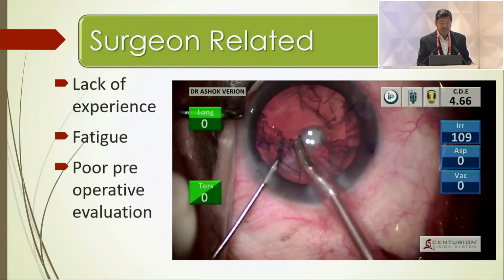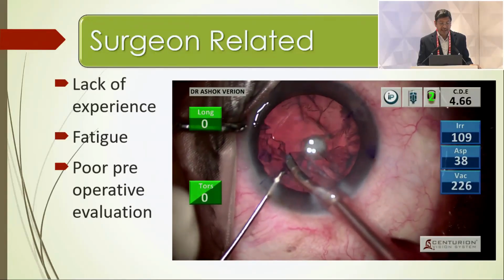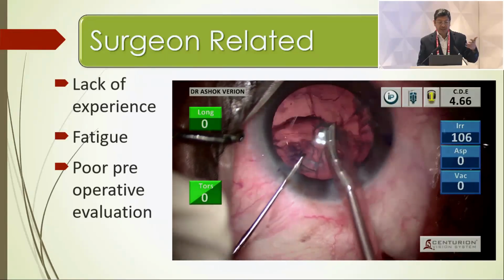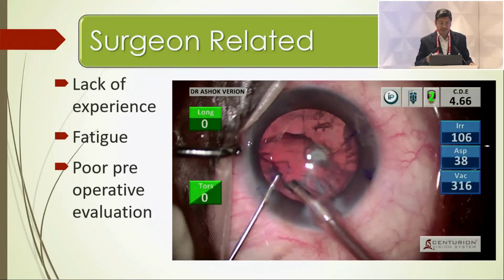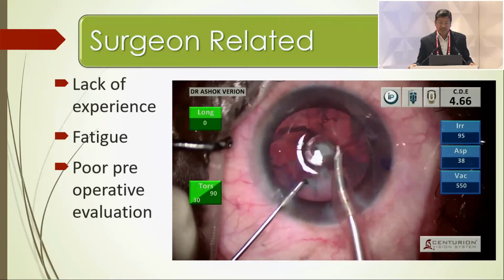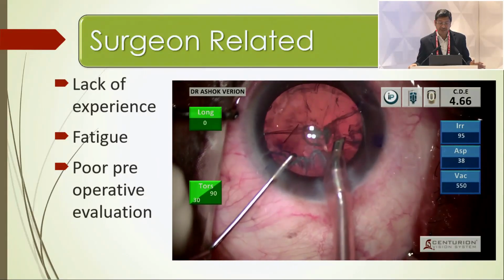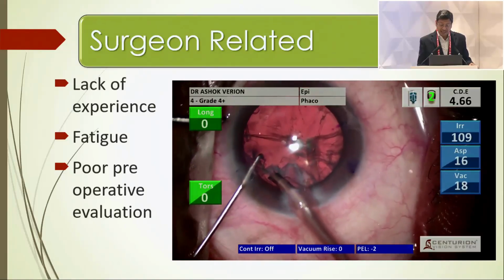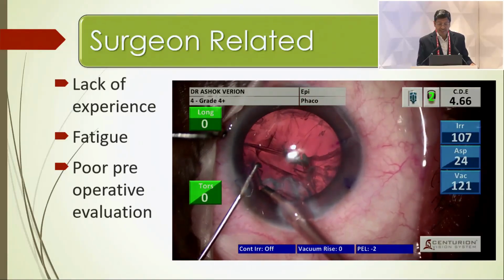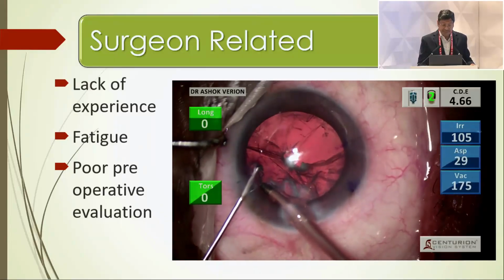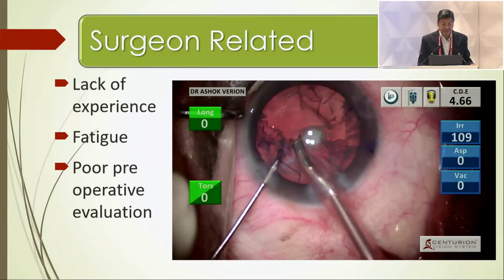Surgeon-related factors could be lack of experience, fatigue. When there's a long list of surgeries, this surgeon, who is me, of course, is trying to do a posterior polar cataract and trying to aspirate with a phaco tip, which is bad, and you are likely to have PCR in these cases.